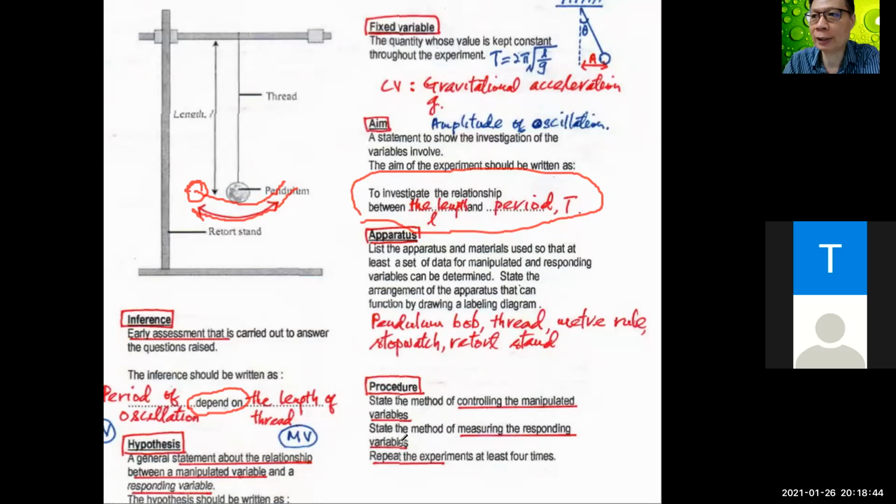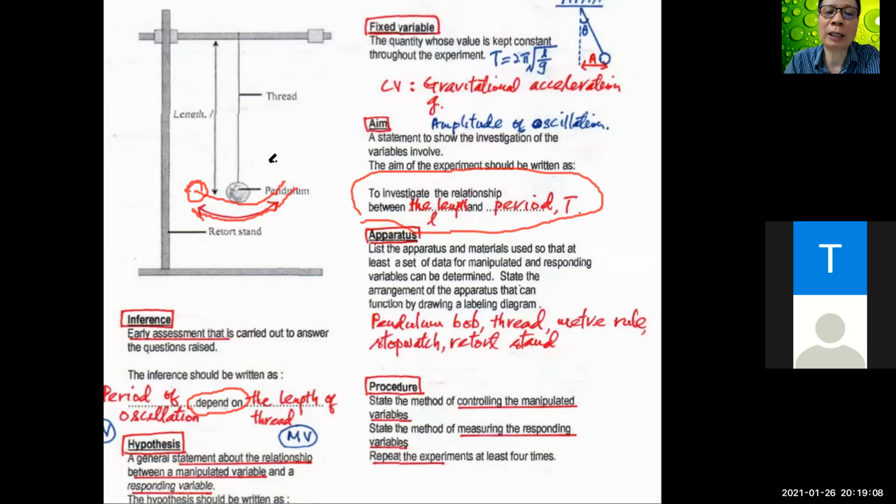The second is the method of measuring the responding variable. 第一个就是解释如何控制那个 manipulated variable. Second thing is how you measure the responding variable. 你怎样去量那个 responding variable?